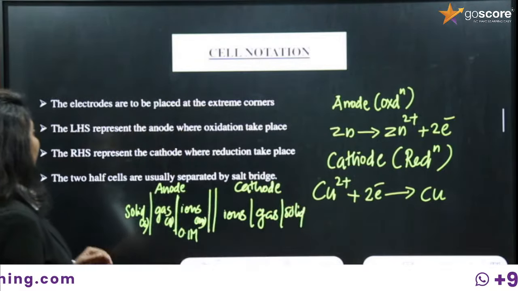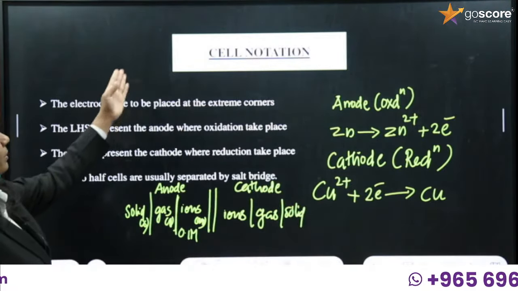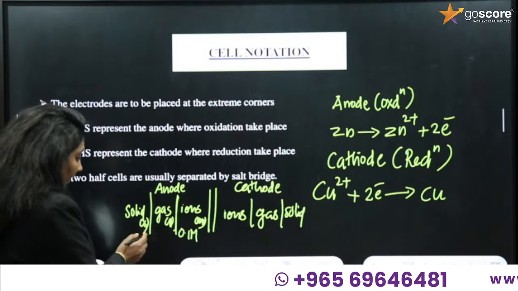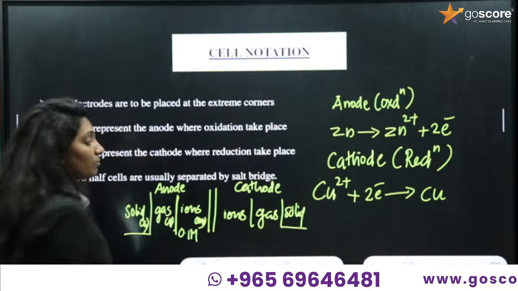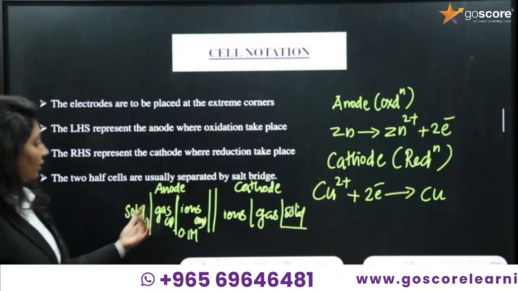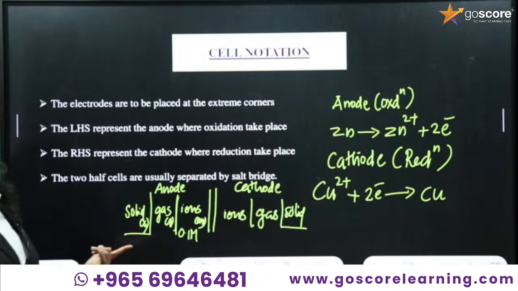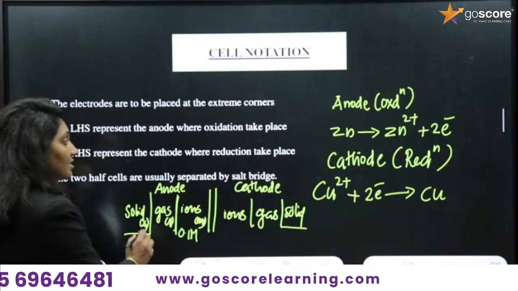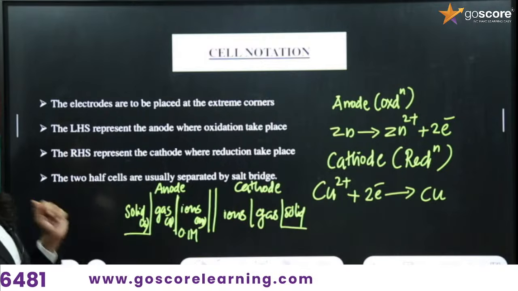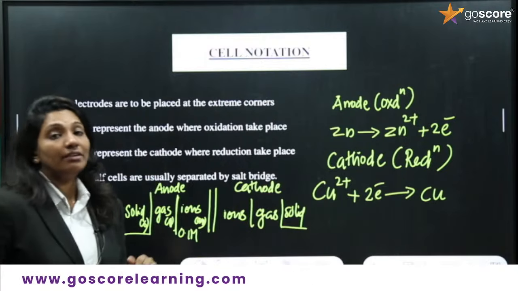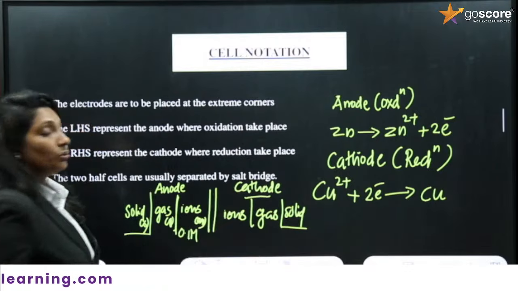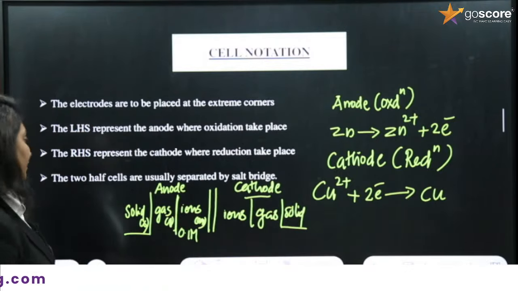Okay, see the cell notation. The electrodes are to be placed at the extreme corners. The metallic electrodes, that is, the solid state, should be represented on the extreme corners of the notation. And the LHS, the left hand side, represents the anode where oxidation takes place, and the right hand side represents the cathode where the reduction takes place.